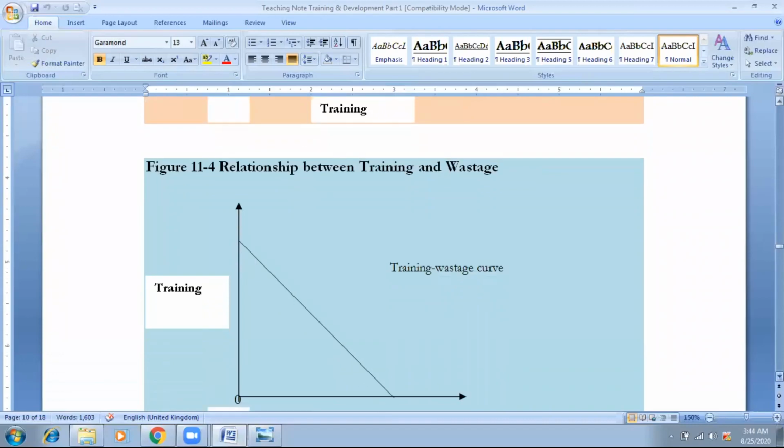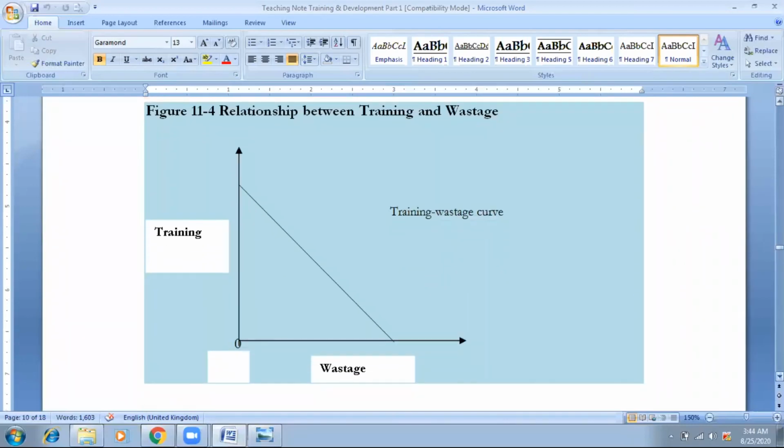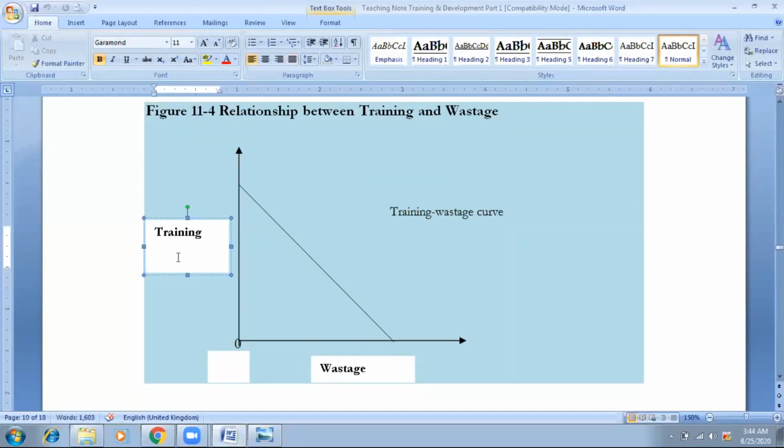Look at this figure. It shows the relationship between training and wastage. The relationship between training and wastage is negative. Vertically you can see training, horizontally wastage. If we increase training, what will happen to wastage? In the training wastage graph, if we increase training, the wastage will get reduced.